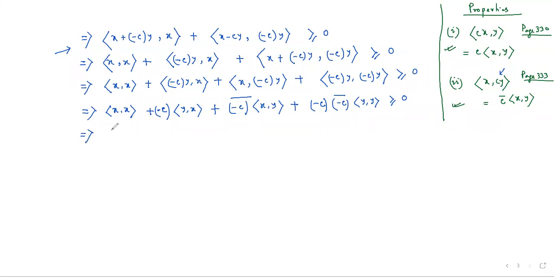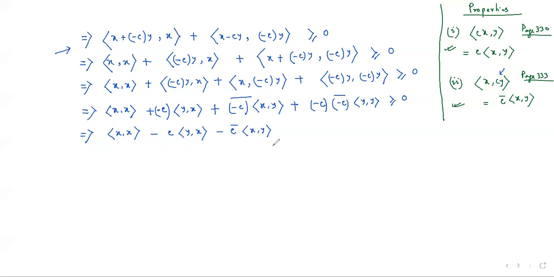Now, this becomes x comma x, minus c y comma x inner product, minus c bar x comma y. Why am I writing c bar? Because I do not know whether c is real or not.